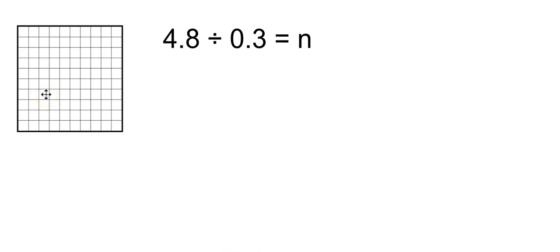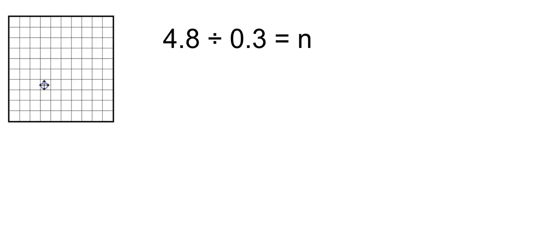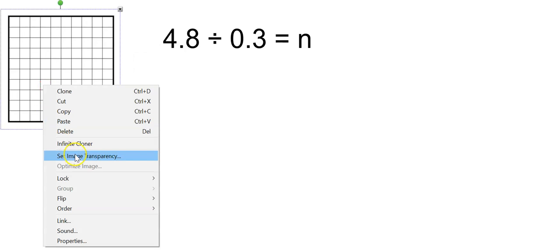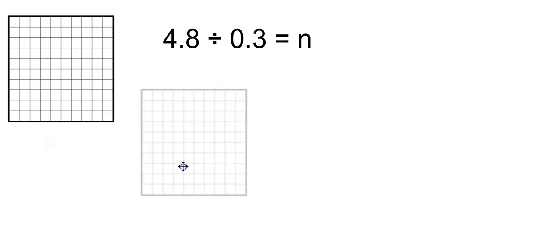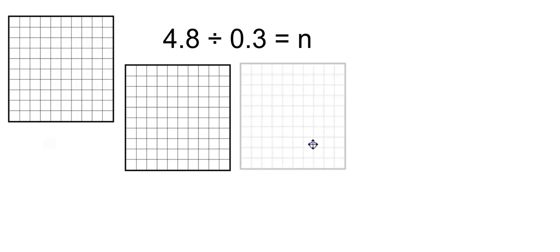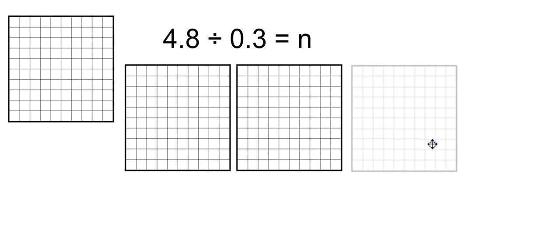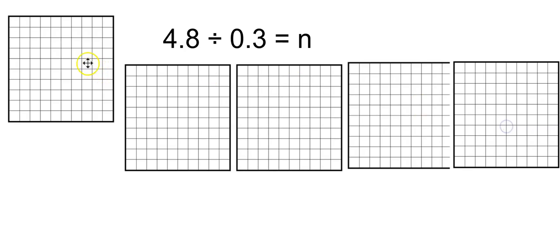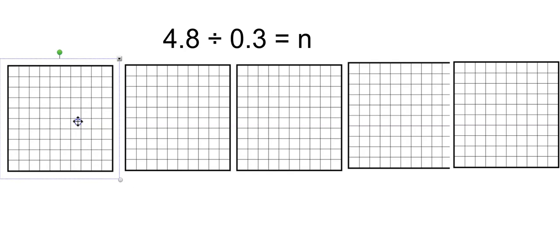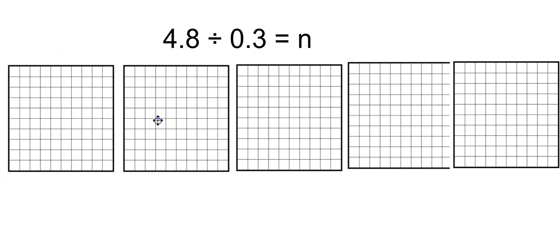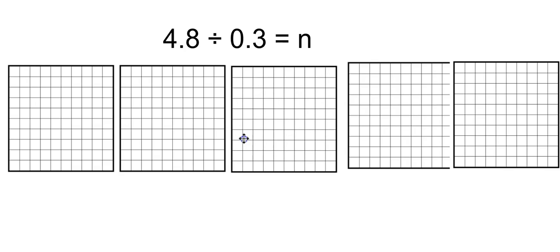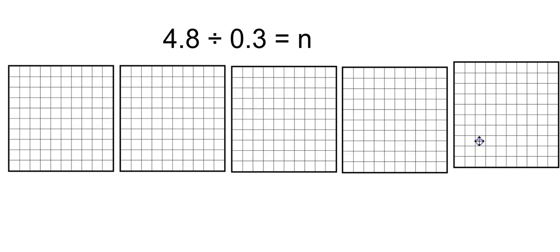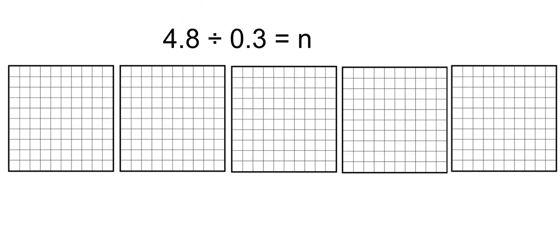Okay, now that you've had time to do that, let's see what it would look like using a model. So how many of these will we need? We will need almost 5. So 4 8/10. So 1, 2, 3, 4 wholes and 8/10.